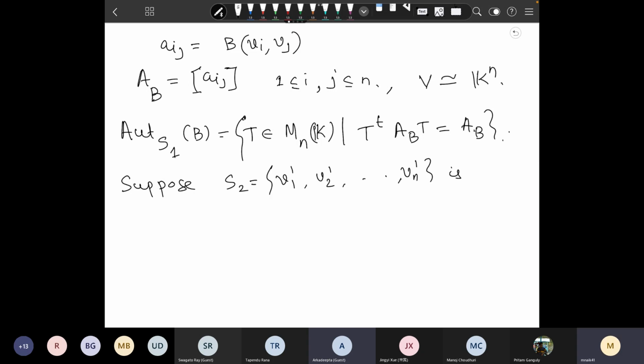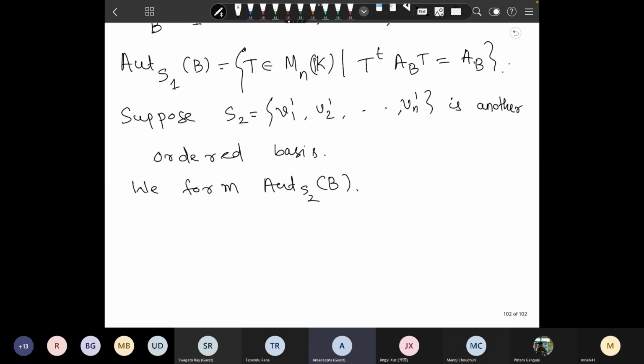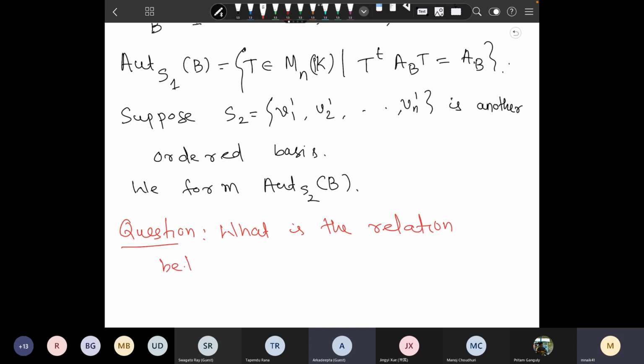Now I form O(S2, B). The question is: what is the relation between O(S1, B) and O(S2, B)?